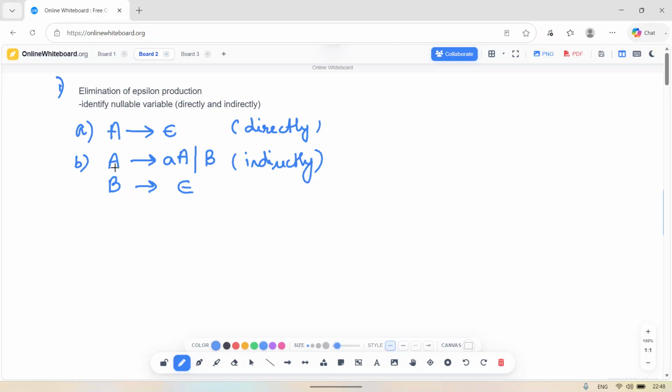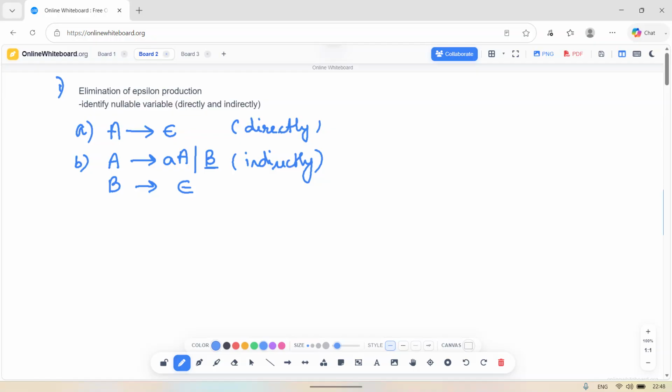Second example, A derives B, and there is one more, B derives epsilon. So B is a nullable variable, and since A is also deriving B, A is indirectly nullable. When it is clearly stated A derives epsilon, you call it directly stated.